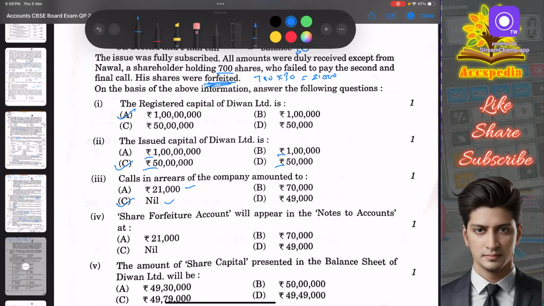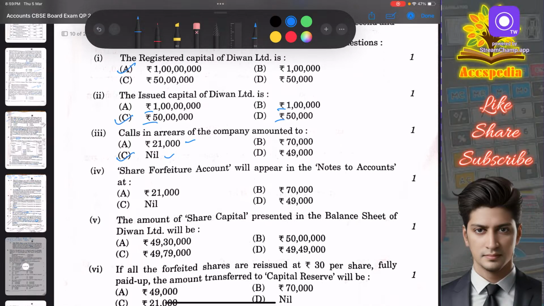They did not ask what the calls in arrear was before forfeiture. This is a confusion. We have already informed CBSE through OECMS that there is an ambiguity in this one, and there is also some mistake in question number 34. We will pray to God that marks will be awarded for this.